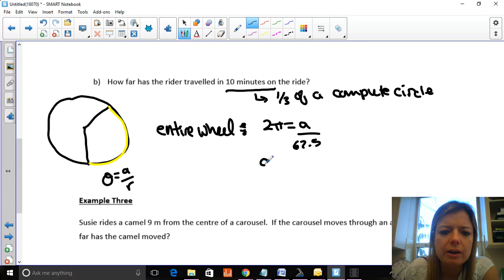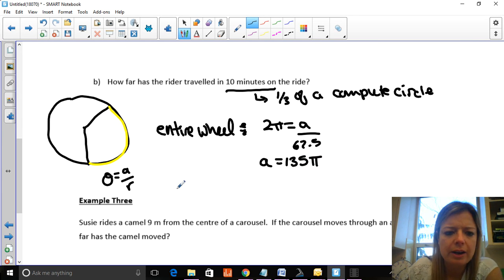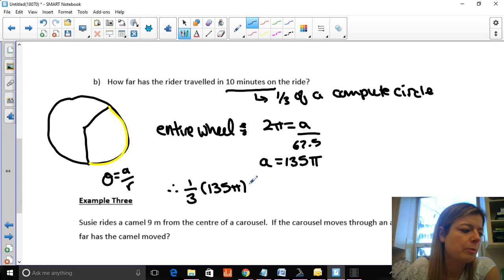So therefore, the arc length of the entire thing is 135 pi. All right? So therefore, the arc length here that we want to know would just be 1/3 of 135 pi, which equals 45 pi.